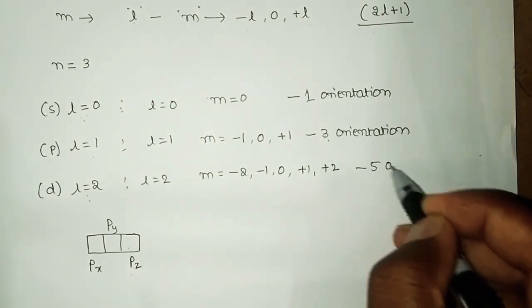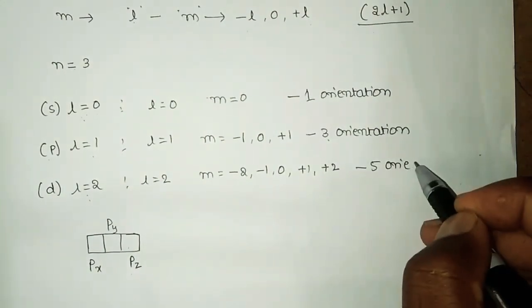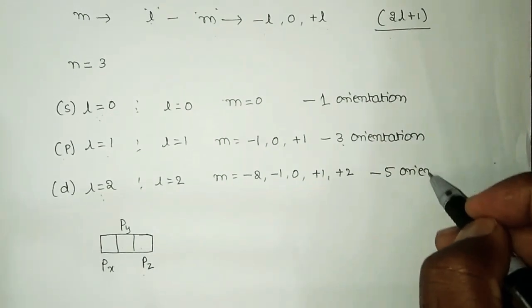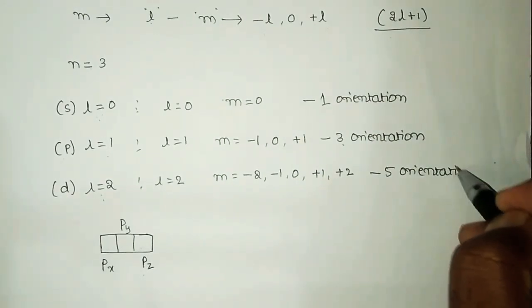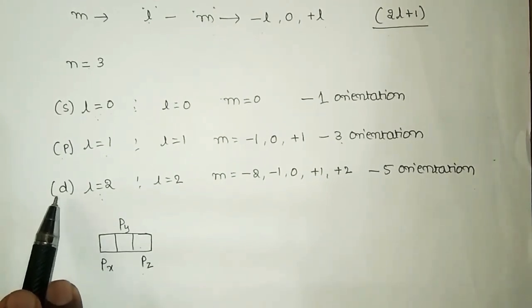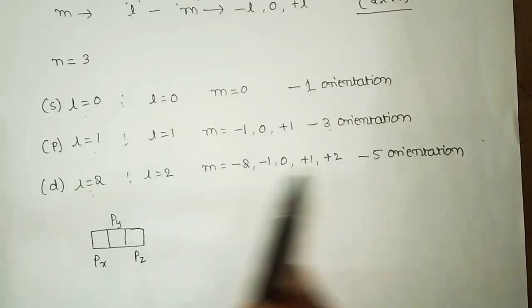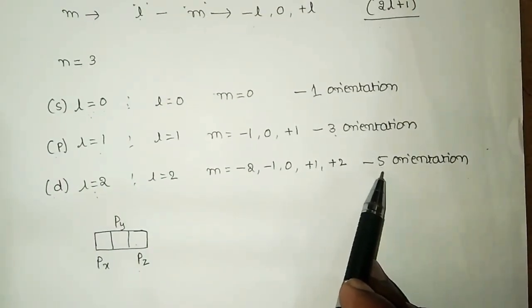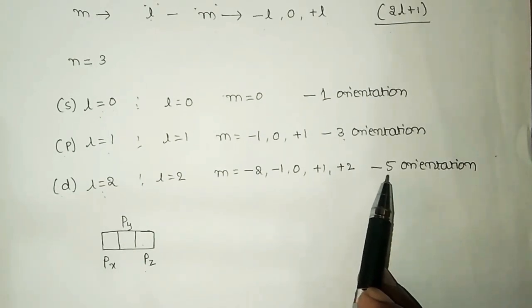Totally we are having 5 orientations, and we said a D subshell has a double dumbbell shape, and that D subshell will be oriented in 5 ways.